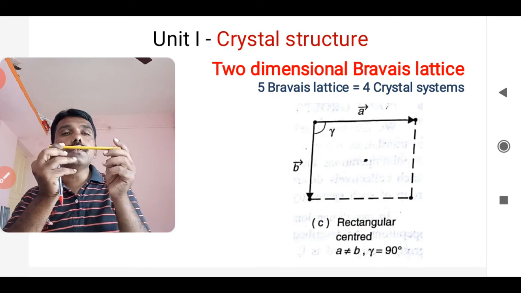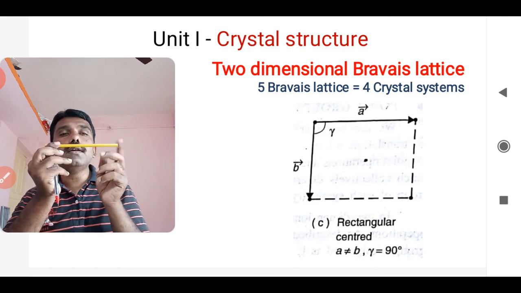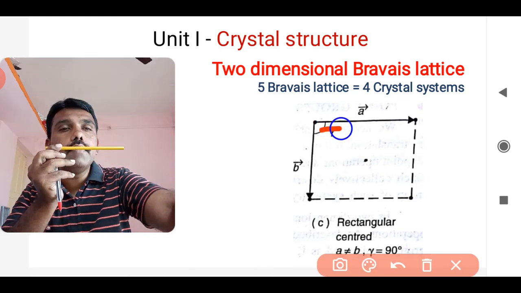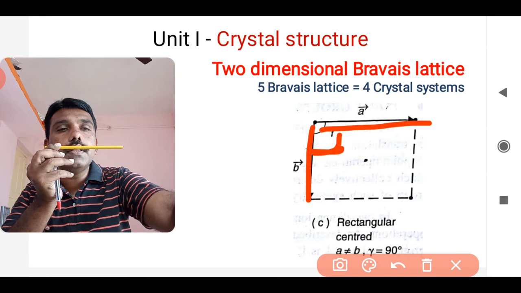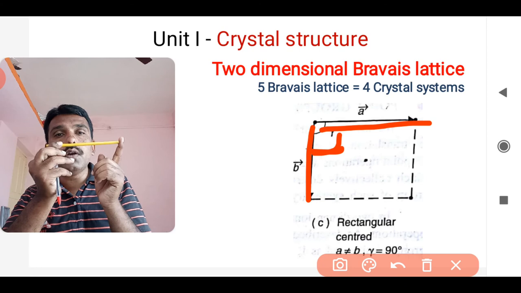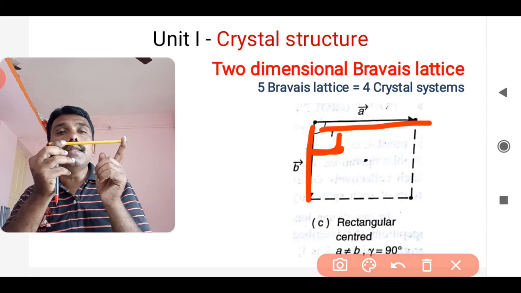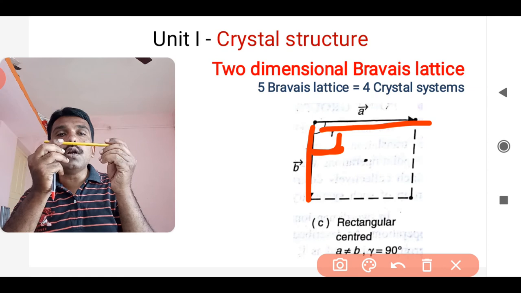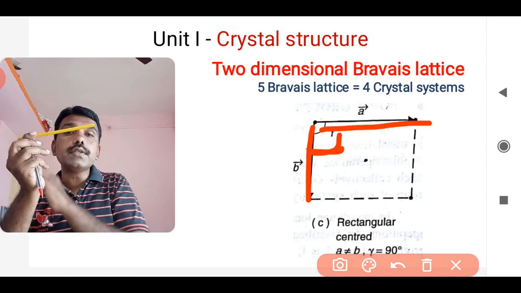Now in this case, why is it called rectangular centered? Vector A is longer and vector B is a little bit smaller. The angle between them is again 90. But what is the difference between this and the previous primitive rectangular case? A is not too long in this case. A is a little bit shorter compared to the previous rectangular.